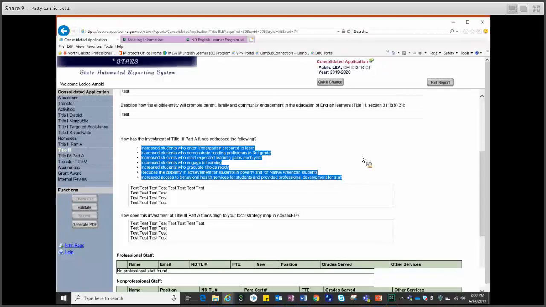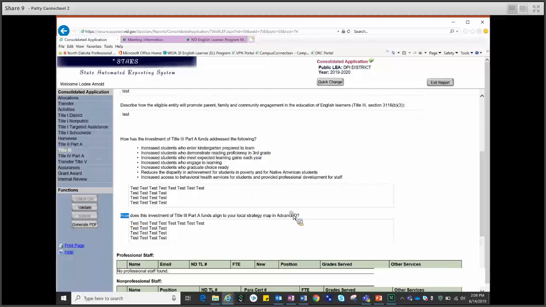It doesn't mean that what you describe here hits all of these areas, but as long as it hits or aligns with one or more, you'll be fine in that area. And then also, how do your use of Title III funds align to your local strategy map in Advanced Ed?